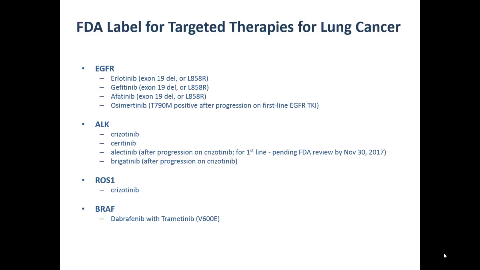If we go to the specific FDA label, what is interesting, and we'll look into more details at EGFR, is that Lorlatinib, Gefitinib, and Afatinib are actually approved only for two specific mutations. So not every single EGFR mutation we see on a gene can be treated with Lorlatinib, and the insurance technically has a right to deny you.